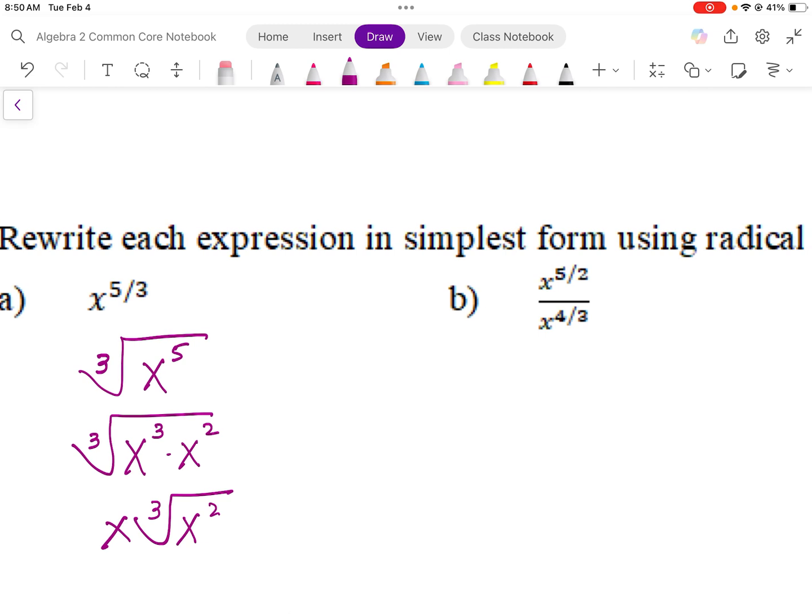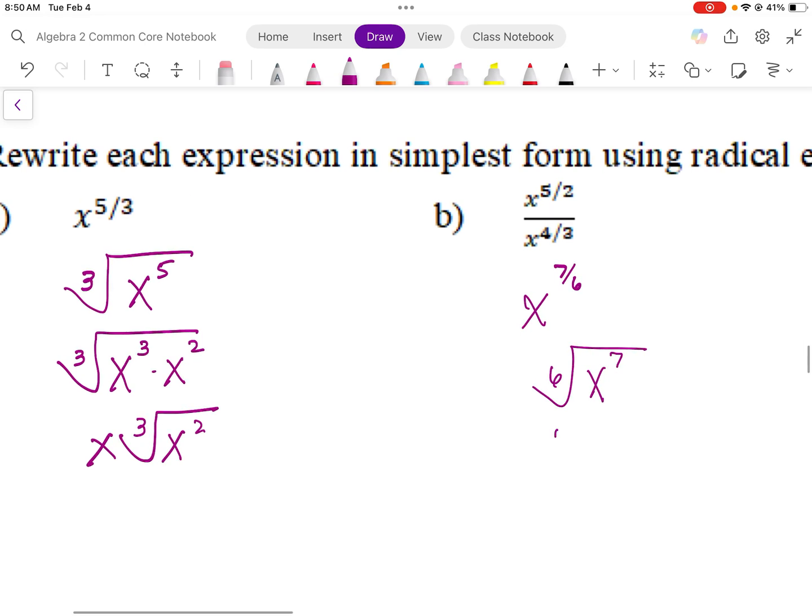Here I'm going to take my calculator and subtract those two exponents and make it back into a fraction. So this is x to the 7/6. So I have the 6th root of x to the 7th. So that's going to be x to the 6th times x.